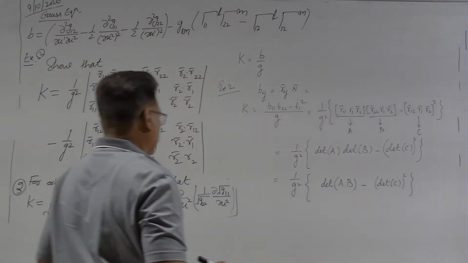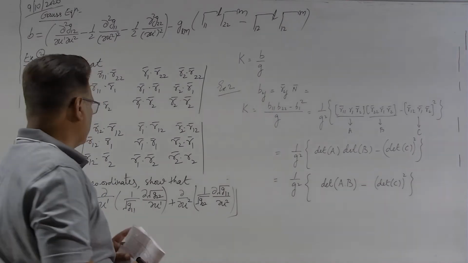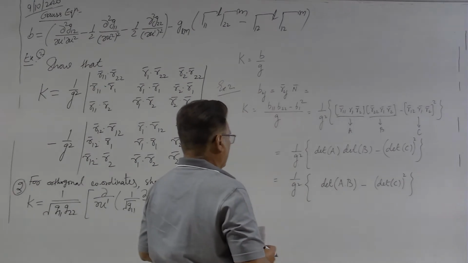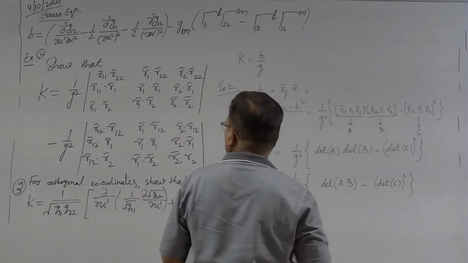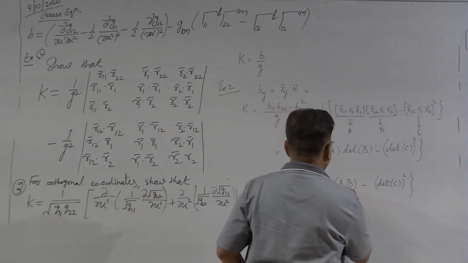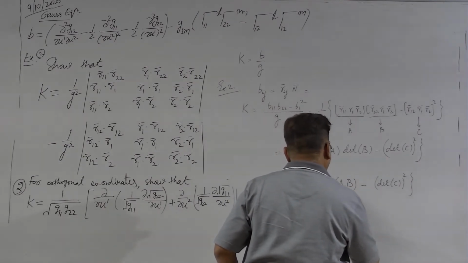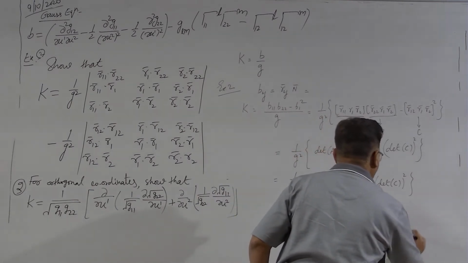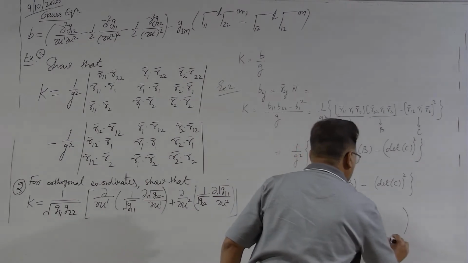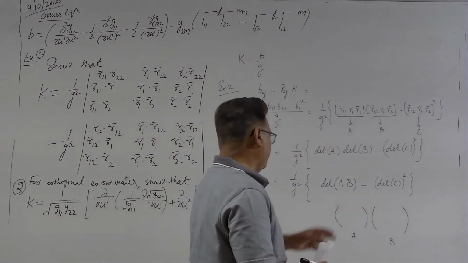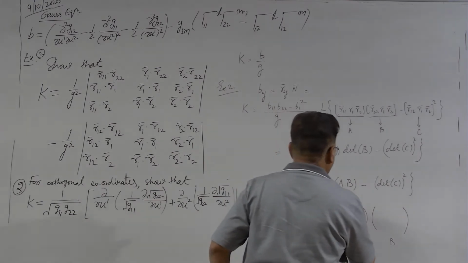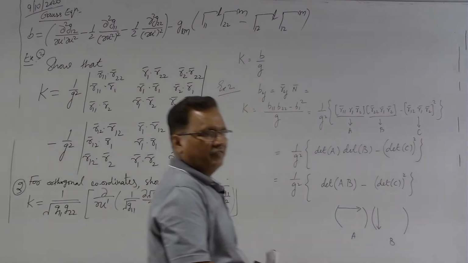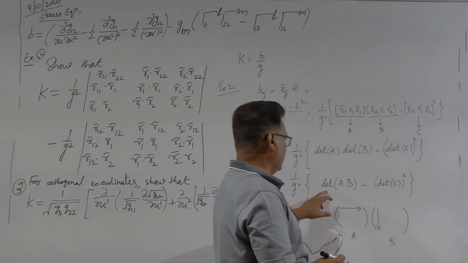Now, you have to look at the matrices A, B and C, so that you know what these rows will be. You have to multiply matrix A with matrix B. When you multiply the two matrices, the first row will be multiplied with the first column, that will give you the first element, and so on.